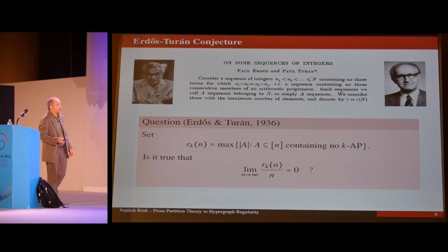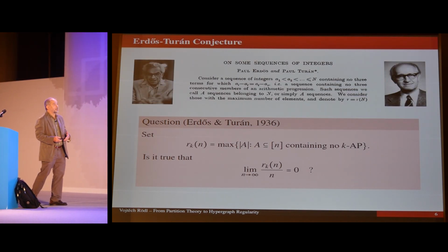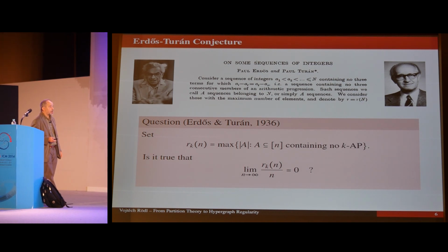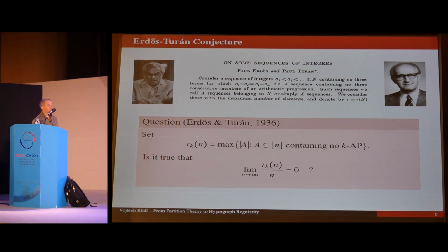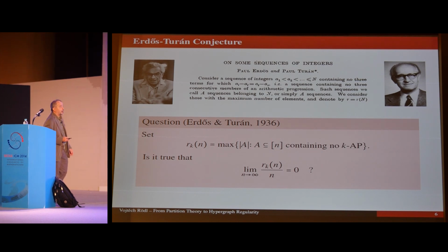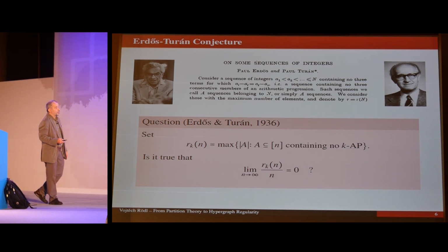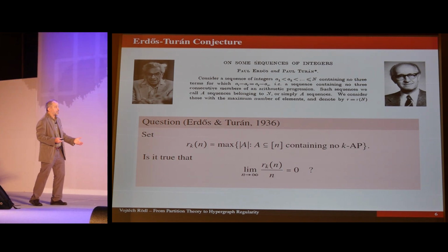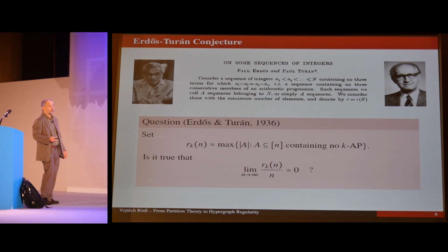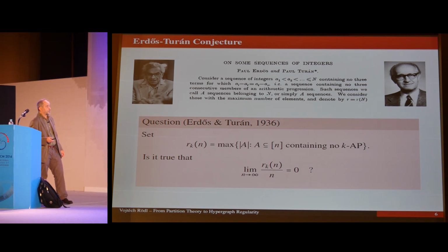And that question was first considered by Erdős and Turán in 1936, who defined the parameter r_k(n), which is the maximum cardinality of a subset of integers containing no arithmetic progression of length k.